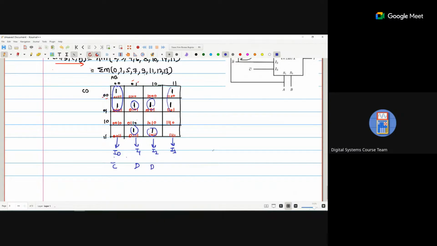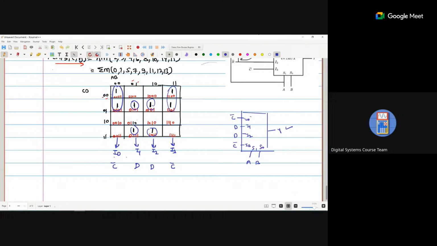And for this one, C is constant and 0. So you connect I naught, I1, I2, I3 to C bar, D, D, and C bar. Connect select lines S1, S0 to A and B, and Y is generated this way.